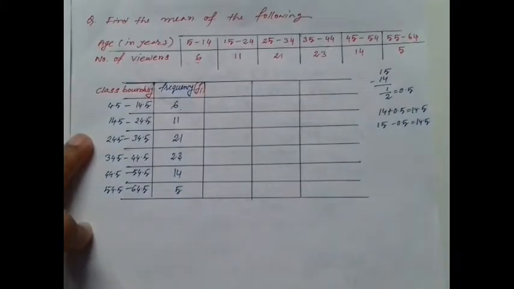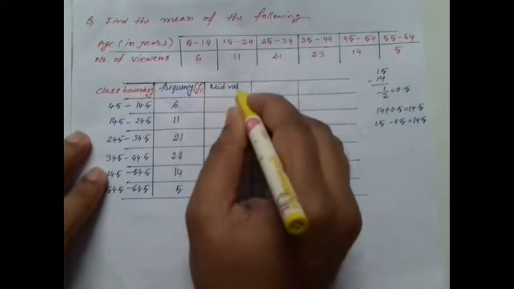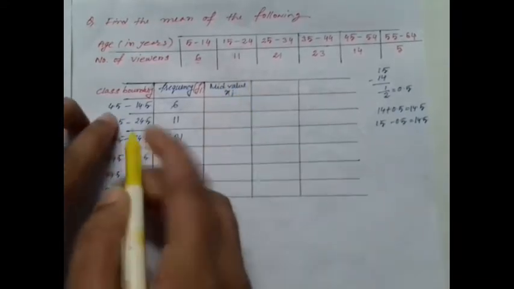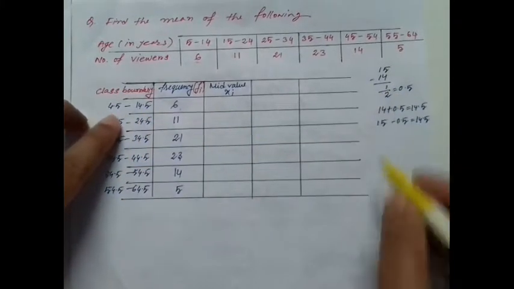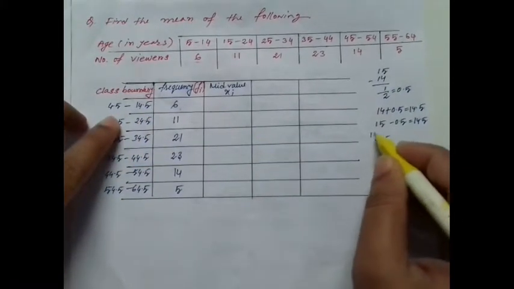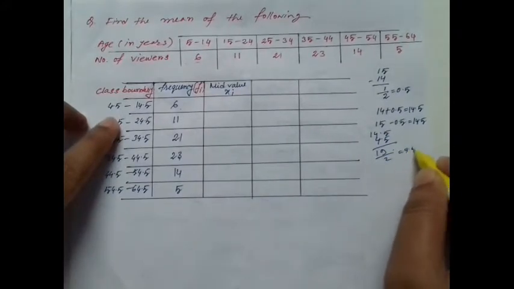Okay, now I have to write mid value as we have done, mid value xi. So this time we have to add 4.5 and 14.5 by 2. Okay, so 4.5 plus 14.5, we are getting 19. 19 by 2 means 9.5.